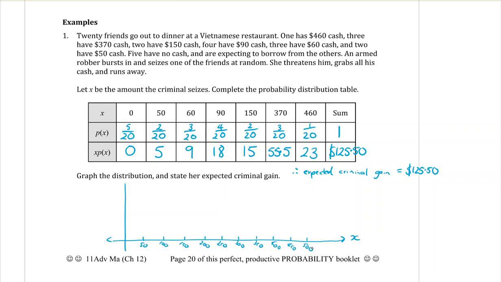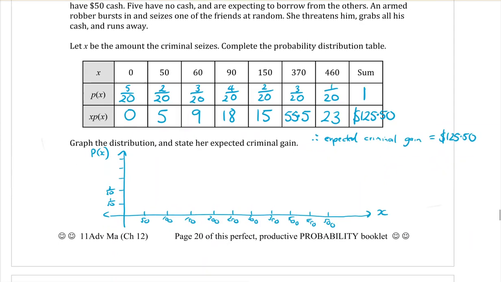Now for the vertical axis, which is our probability, my smallest probability is 1/20th and my highest is 5/20th. So let's just go up in 20ths: 1, 2, 3, 4, 5. 1/20th, 2/20th. I feel like this needs to be bigger.